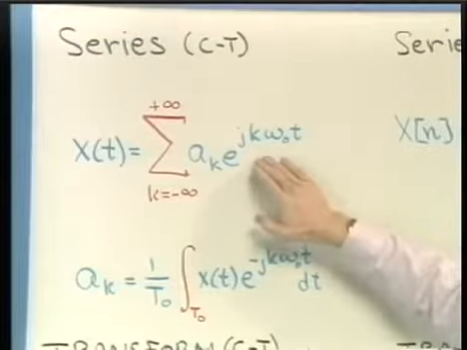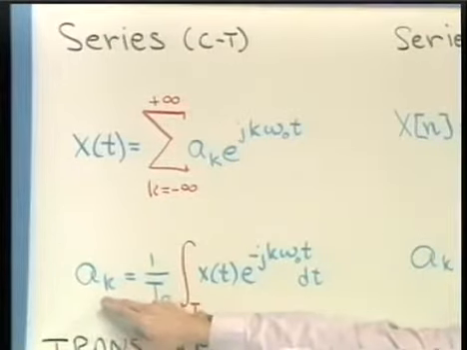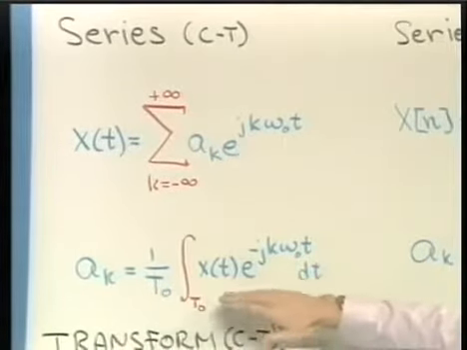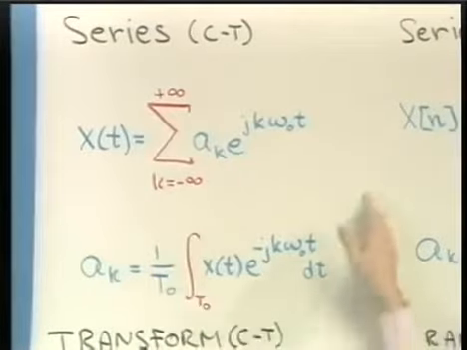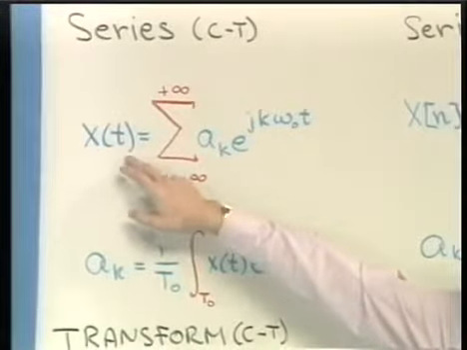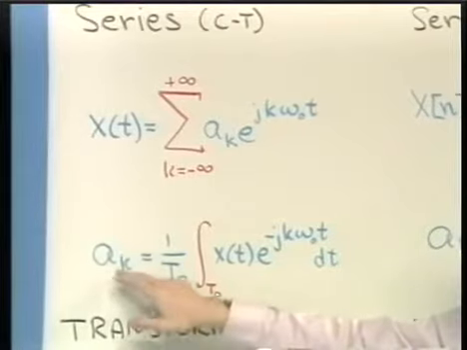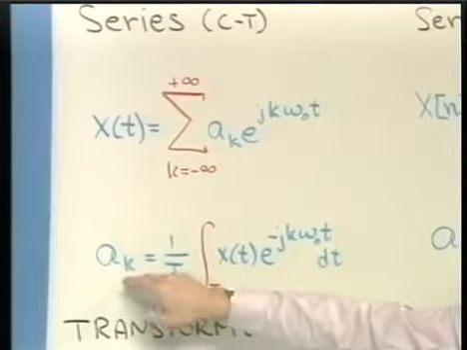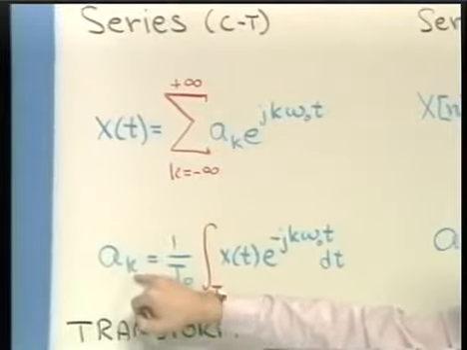And we saw an analysis equation which tells us how to get these Fourier series coefficients through an integration on the original time function. Notice that what we have is a continuous periodic time function. What we end up with in the frequency domain is a sequence of Fourier series coefficients, which is an infinite sequence, namely requires all values of k in general.